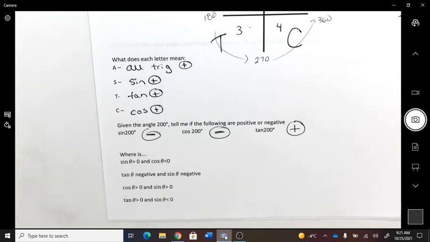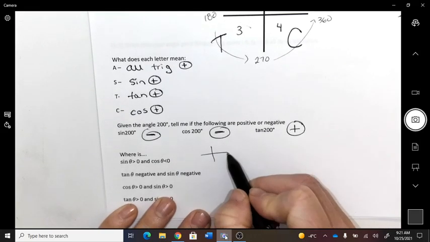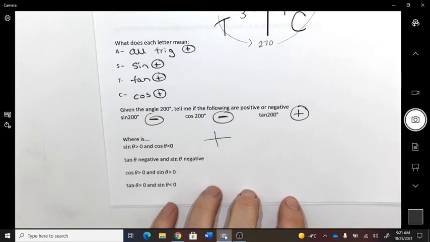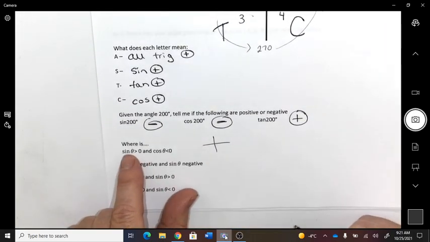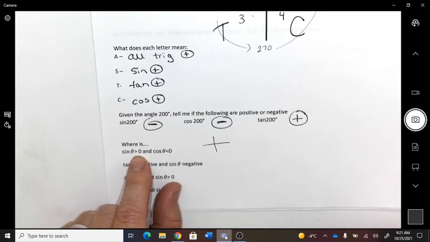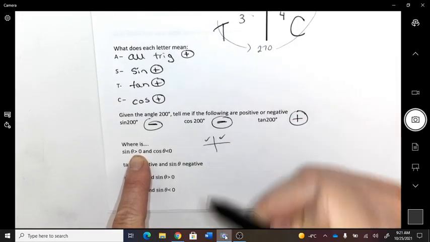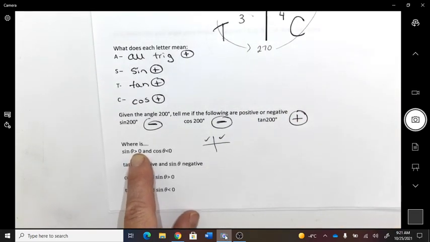Okay, you ready? I'm going to draw my little quadrant here. Where is sine of an angle? What does this say to you in math? What is this symbol? Greater than 0, so positive. Where is sine positive? You get to pick two quadrants where sine is going to be positive. 1 and 2. So I'm going to check, check.